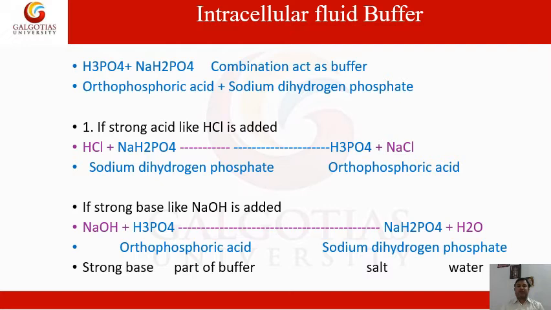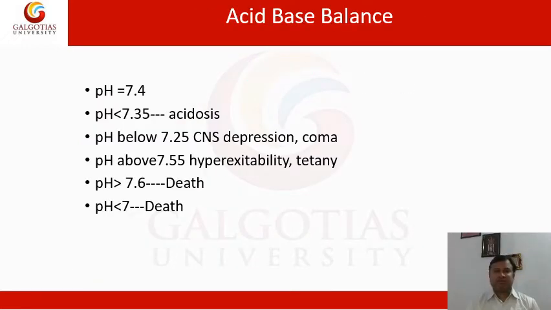Sodium dihydrogen phosphate combines with the hydrochloric acid and forms H3PO4. And in the same way, when strong NaOH is added, NaOH combines with the orthophosphoric acid and forms sodium dihydrogen phosphate. In this way, the effect of the base will be neutralized.